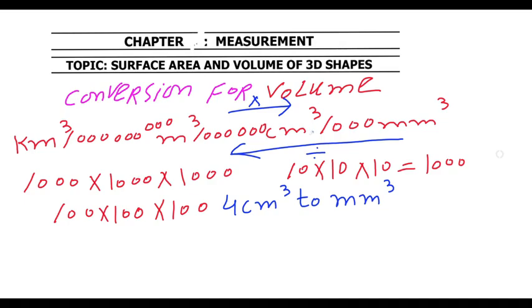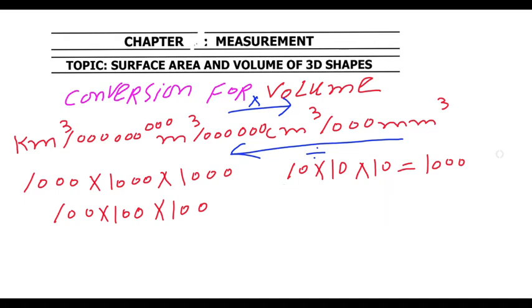Centimeter is here and millimeter is here. In the middle is 1,000. You're going to right hand side, so you're going to multiply 4 multiply 1,000. That's going to be 4,000 millimeter cube.